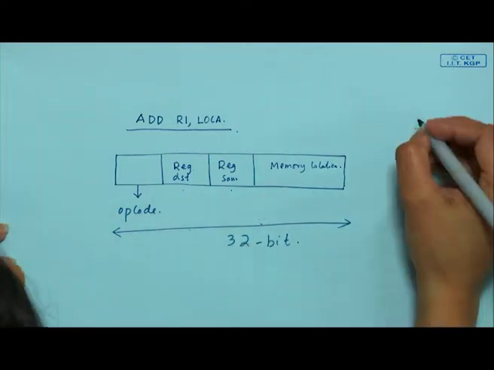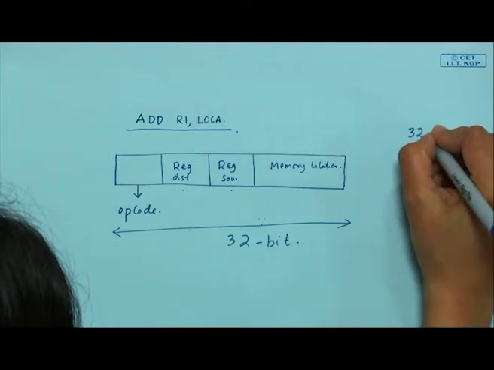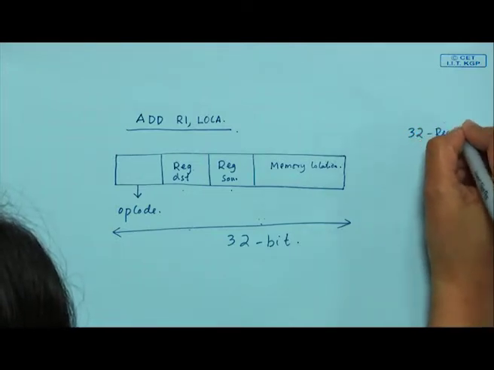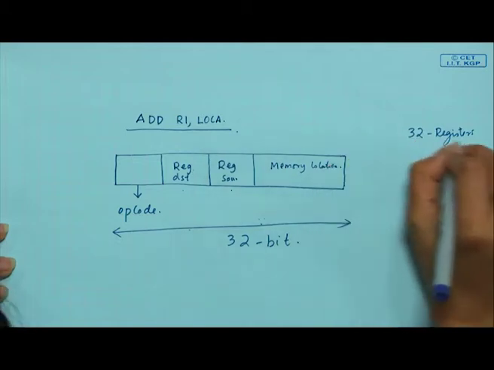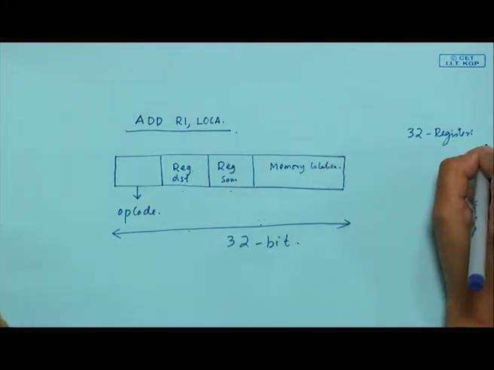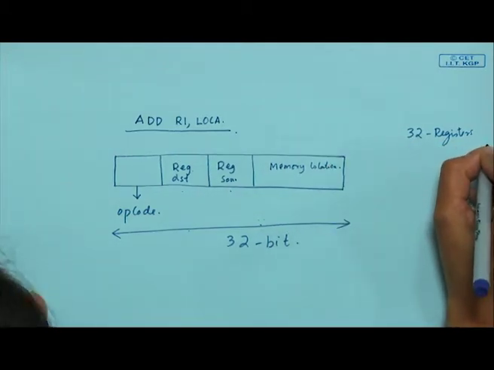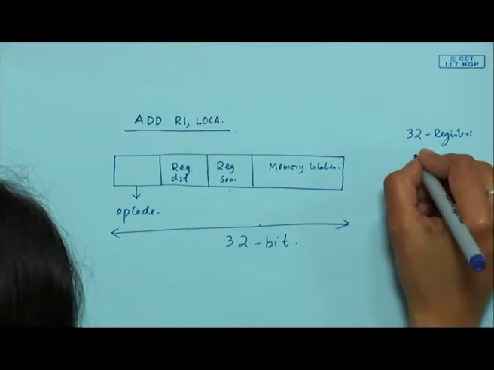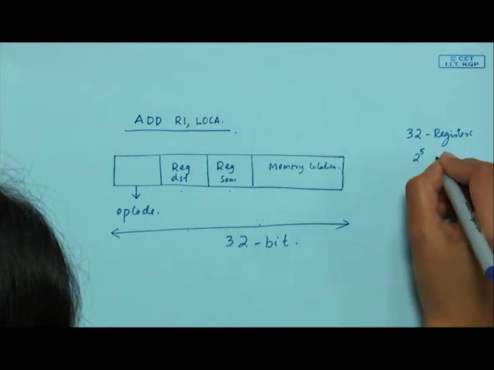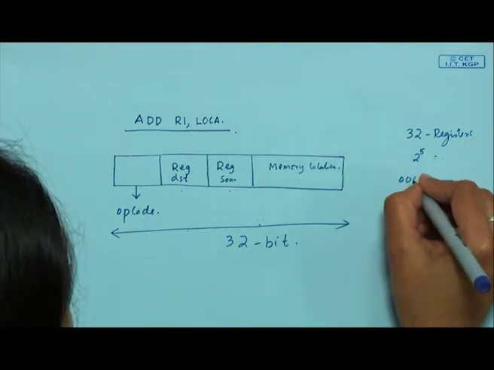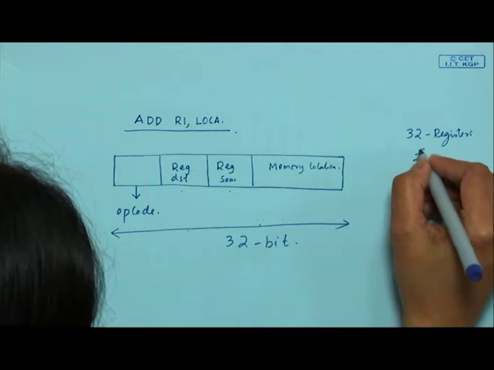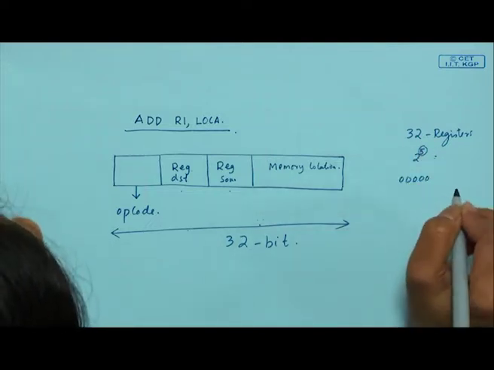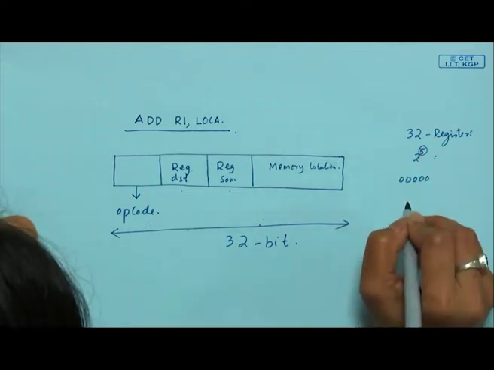Let us say we have a total of 32 registers. If you have a total of 32 registers, how many bits will be required to specify a single register? 2 to the power 5. So, 5 bits we will require to represent a single register.